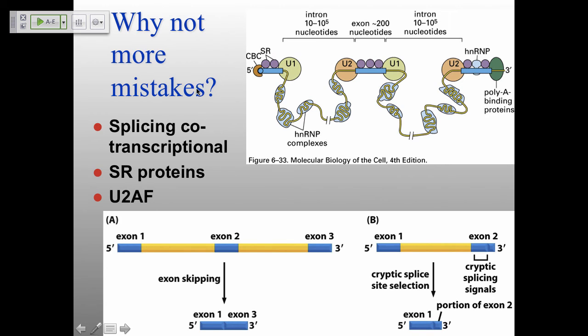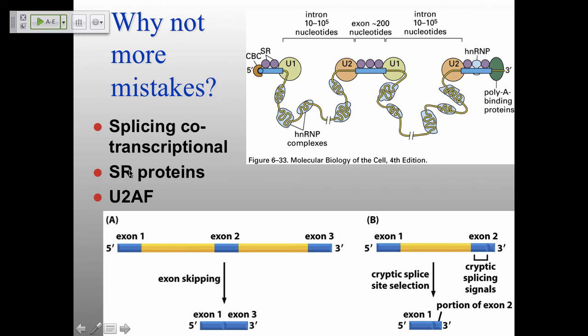The other thing is that exons are recognized by pretty unspecific proteins actually, which just bind to exons. And these exon binding proteins are very confusingly named SR proteins. Why are they called SR proteins? Because they've got lots of serines and arginines in them.